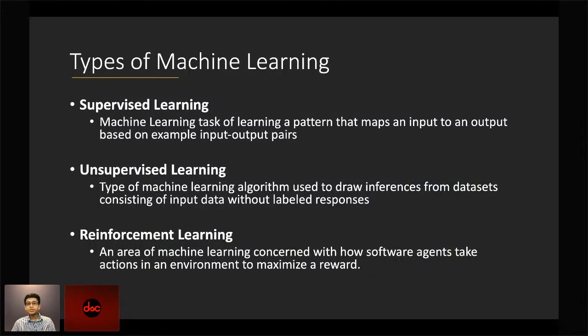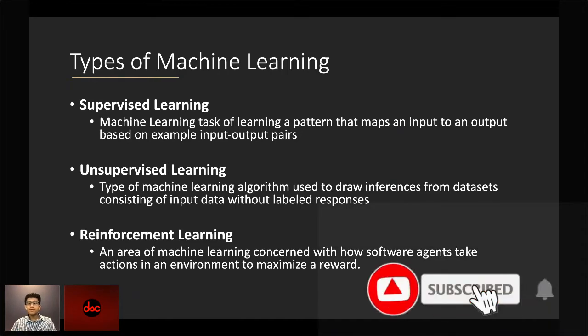There are three major types of machine learning, or types of how these machines can learn: supervised learning, unsupervised learning, and reinforcement learning. Supervised learning is a machine learning task of finding a pattern that maps an input to an output based on example input-output pairs. A very common example is, let's say we had 50 images of cats and 50 images of dogs.